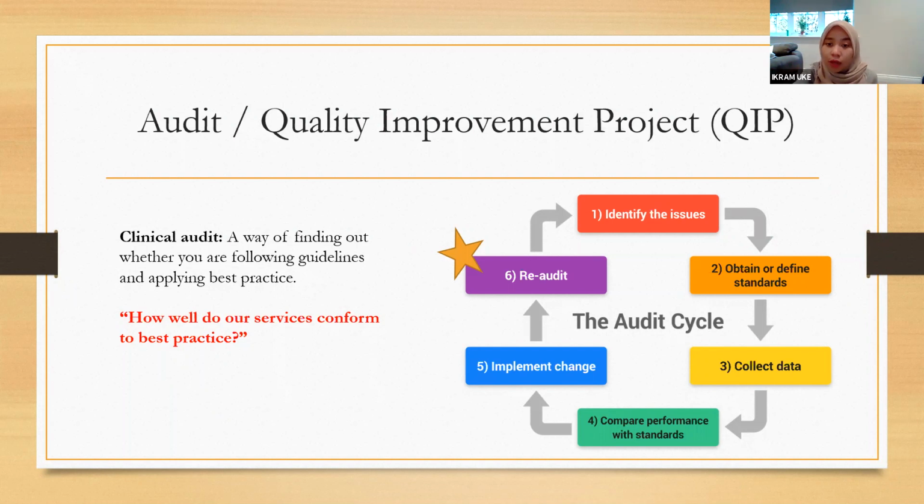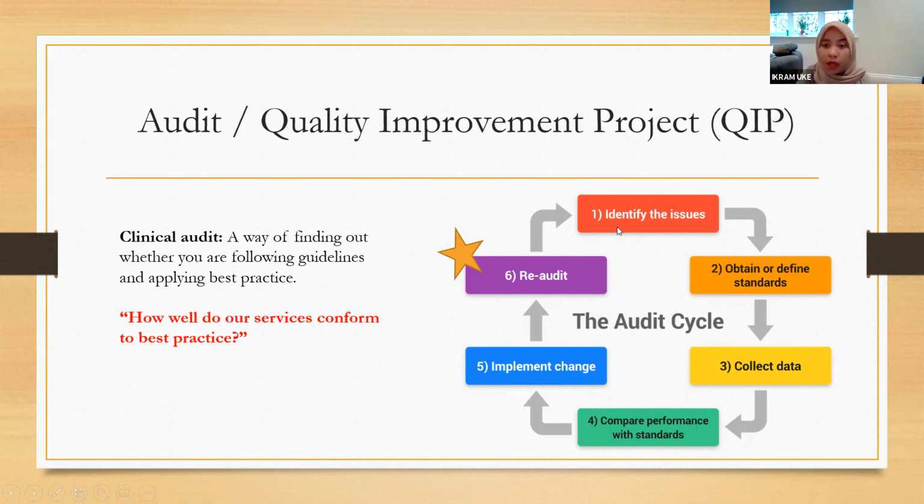If you have a look at the chart here, you have to identify what the problem is, find out what standards, collect some data, compare it, and then you implement the change. For example, like education, poster, or any kind of intervention, and then you re-audit.